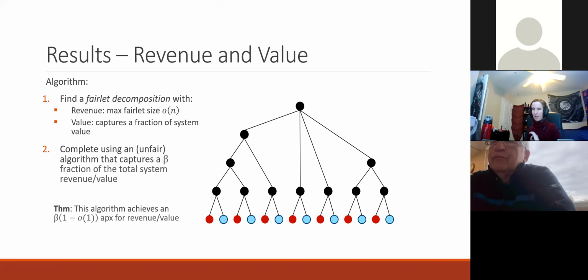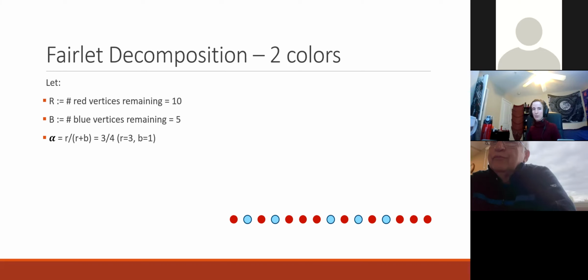So basically, we have no asymptotic loss in the theoretical approximation for our revenue or value optimization functions, which I think is pretty cool. Now, of course, the thing that's swept under the rug here is how we find our fairlet decomposition for both the revenue and value optimization functions. So let's look at how we do that.